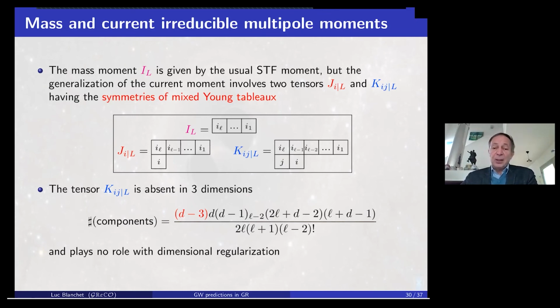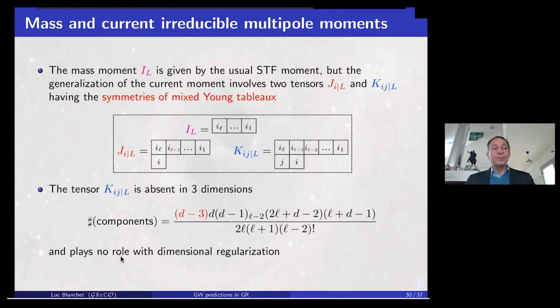And these 3 types of moments have complicated symmetries that are given by mixed Young tableaux. Notably, the current type moment is given by this mixed Young tableau. On the other hand, the new type of multipole moments is absent in 3 dimensions and actually plays no role with the dimensional regularization.